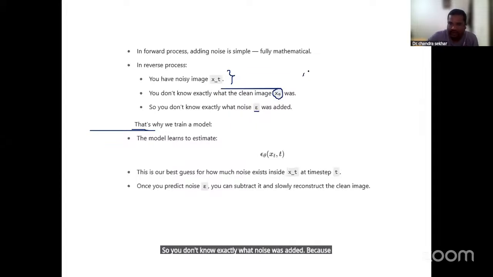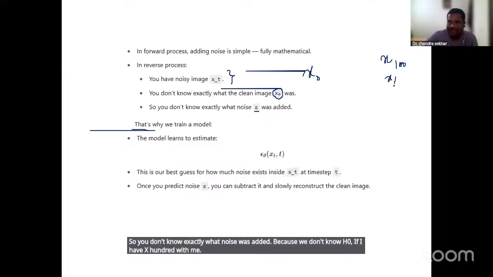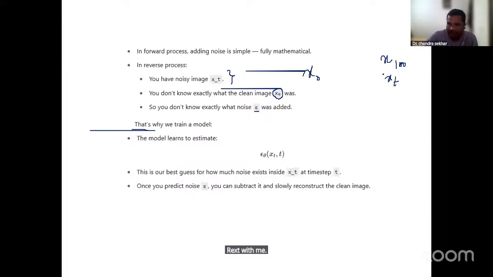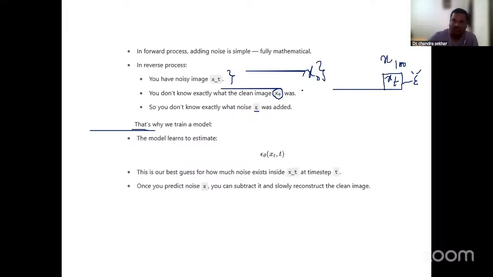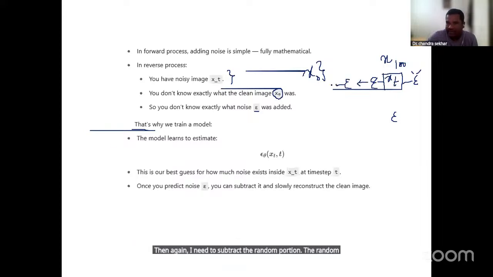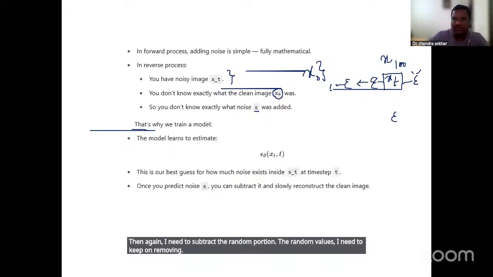Because we don't know x naught, if someone gives me the xt image, I cannot say what the noise content is, because I don't have access to the ground truth. But I need epsilon. Why do I need epsilon? Because from xt, I need to subtract epsilon. Then again, I need to subtract the random values, keep on removing them so that I will get my original image.